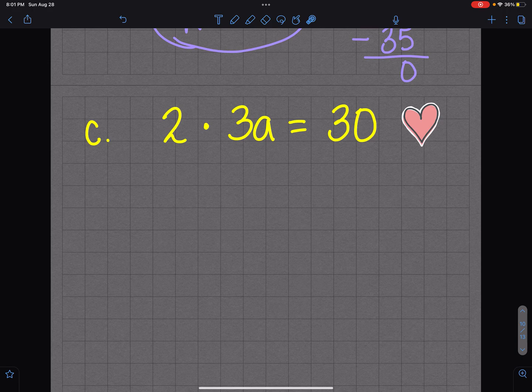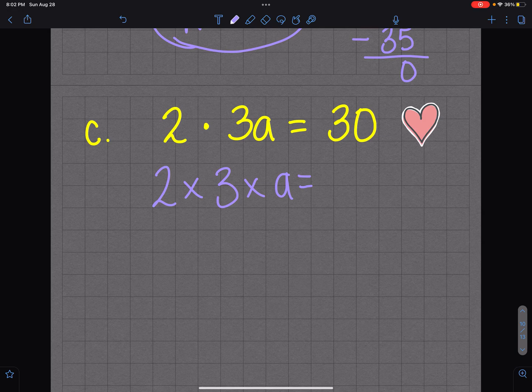Now, this one is a little tricky because there are 3 factors, and I think they're just trying to trick us because this is easier than it seems. Because basically what is 2 times 3 times a? And we know from which property? Commutative property? Is it commutative or associative? You tell me.